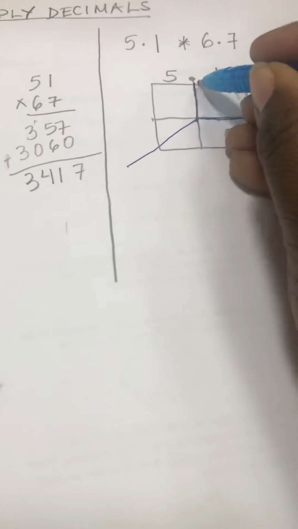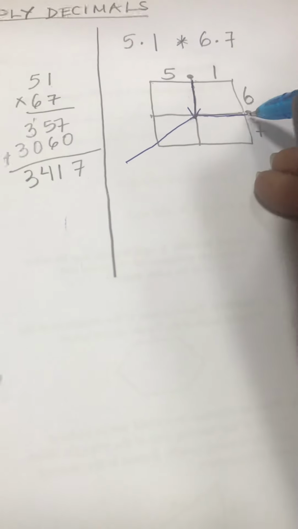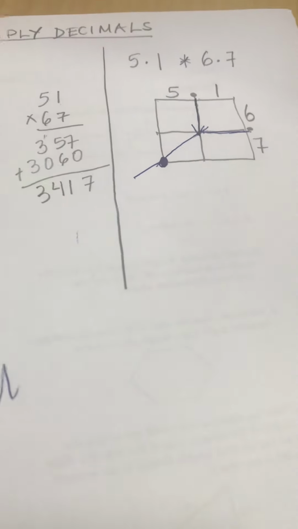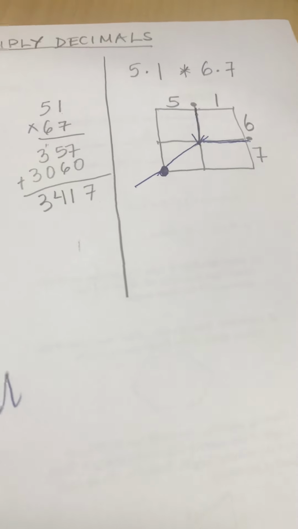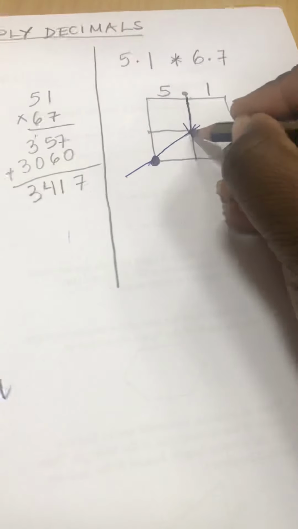Okay, so my decimal line goes here, and then it will meet with this one, and then it will go this way. So you come down, and this one meet over here, and then you go down. So your new decimal will be over here, okay? And then after you do that, you divide your boxes into 2.